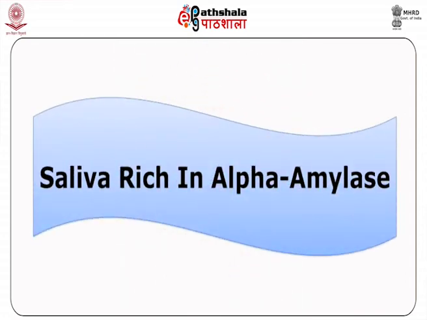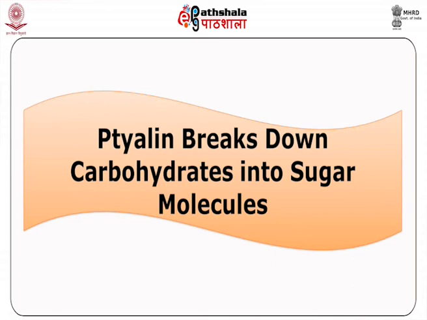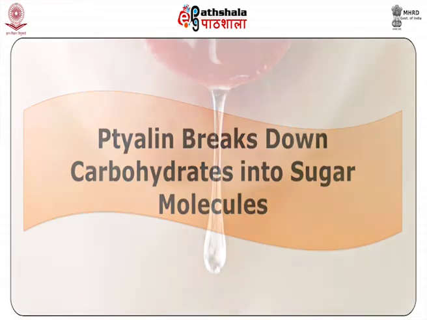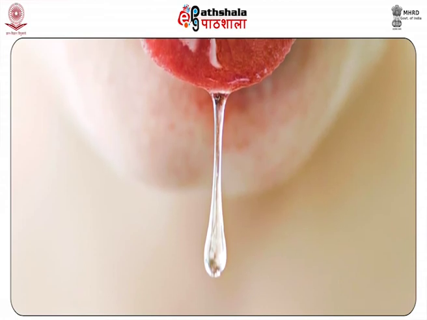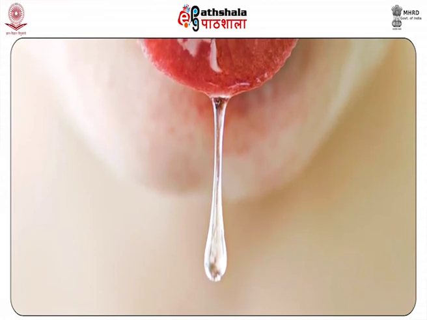Saliva is rich in the enzyme alpha amylase, also known as salivary amylase or ptyalin. Ptyalin enzyme breaks down complex carbohydrates into smaller sugar molecules. Forensically, it is often seen in sexual assault cases.